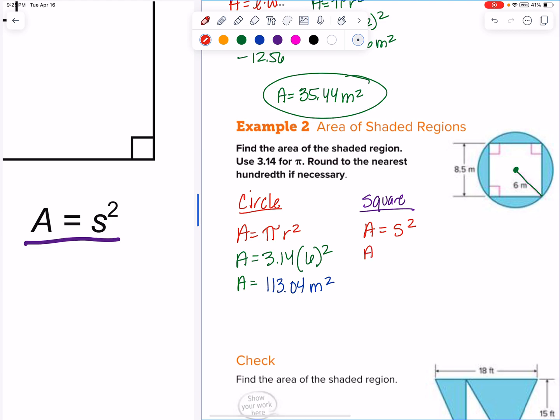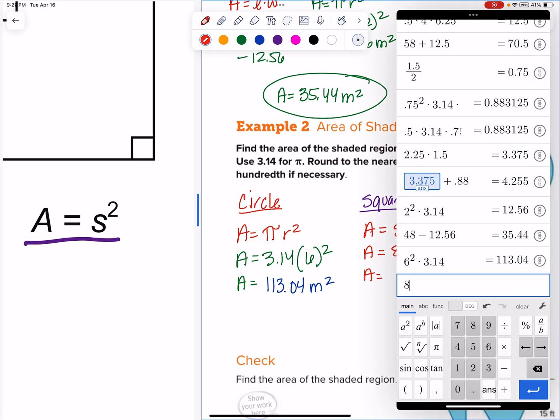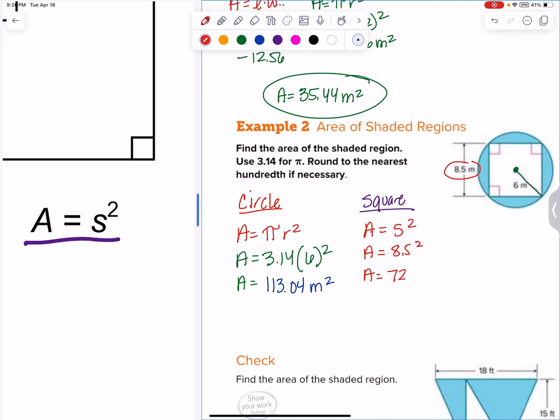What is the length of one of the sides? Well, we can see that right here. So we have 8.5 squared, and this is a nice quick one. What is 8.5 times 8.5? Well, 8.5 squared is 72.25, and that is meters squared.